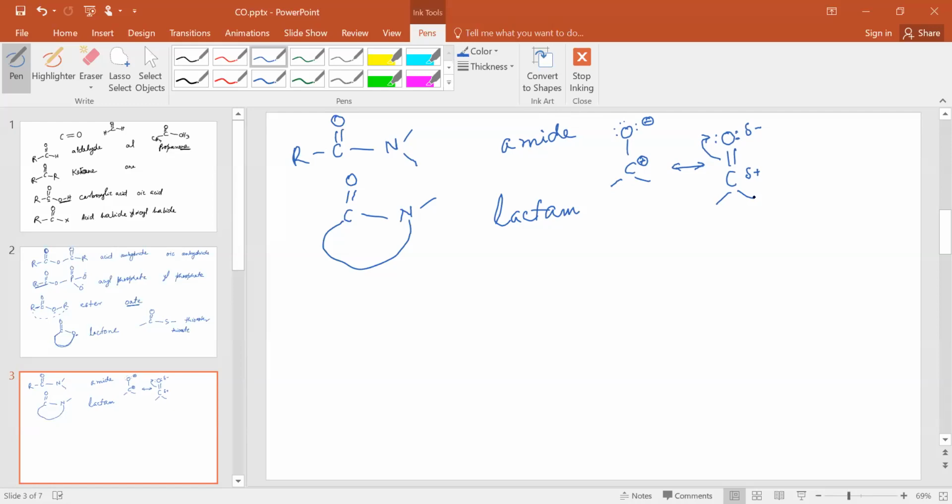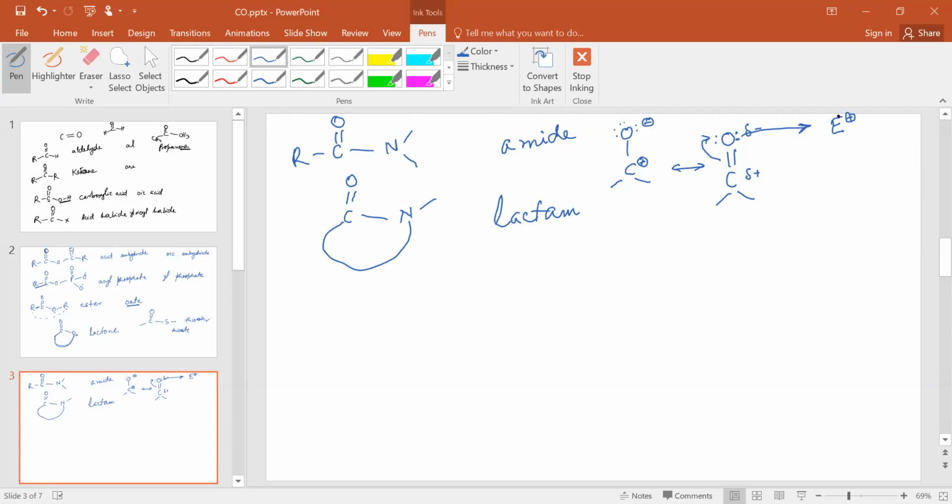So what is the nature here? In both the structures, this oxygen has lone pairs of electrons, so it can react with a positive charge, with electrophiles.